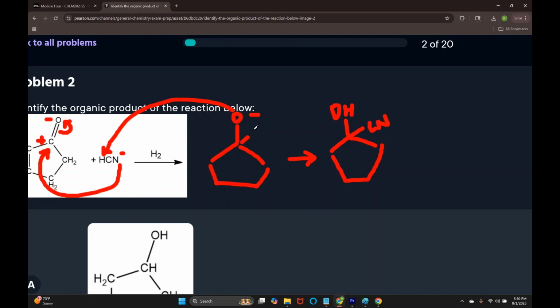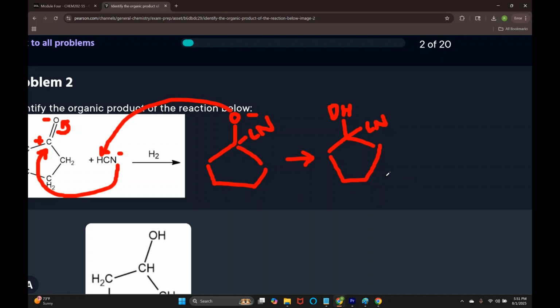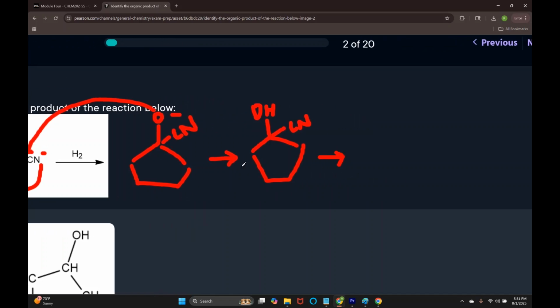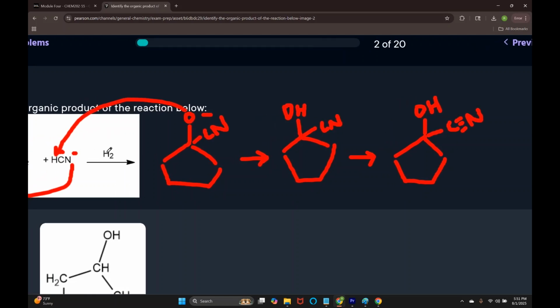Now, here is where it gets interesting to me, because without the H2, I believe we can make a case for this staying like this. However, with the H2, if we were to give it a metal.